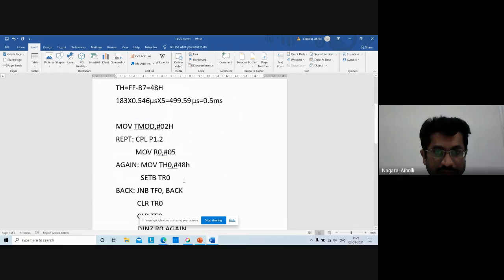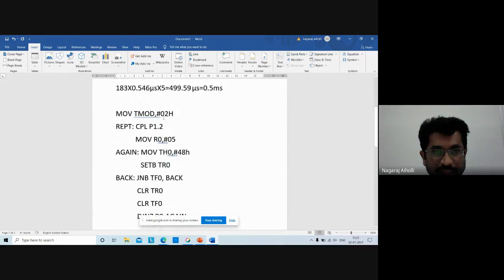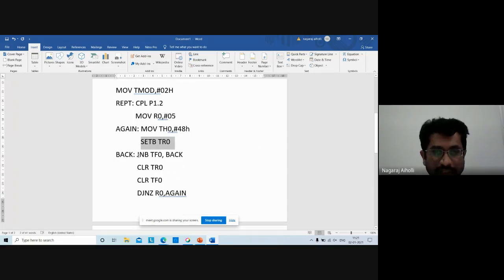Okay, this is a small program. First, we are initializing the TMOD register, timer 0 in mode 2. Then we are storing 05 in R0 for repetition of this loop 5 times. Then the starting value is 48. We are storing it. Start the timer using the instruction SETB TR0. We are monitoring the overflow flag using the instruction JNB TF0, back.